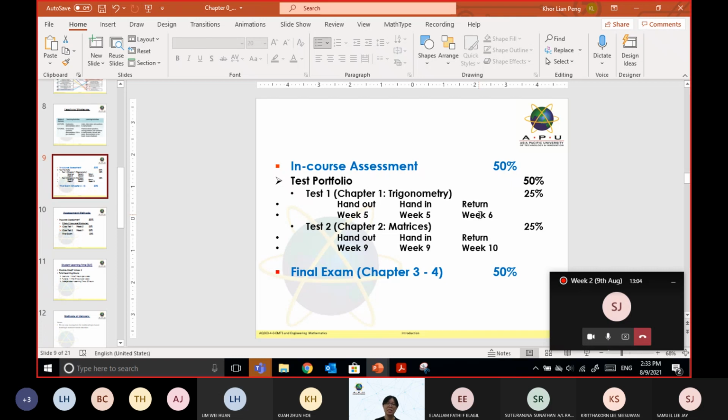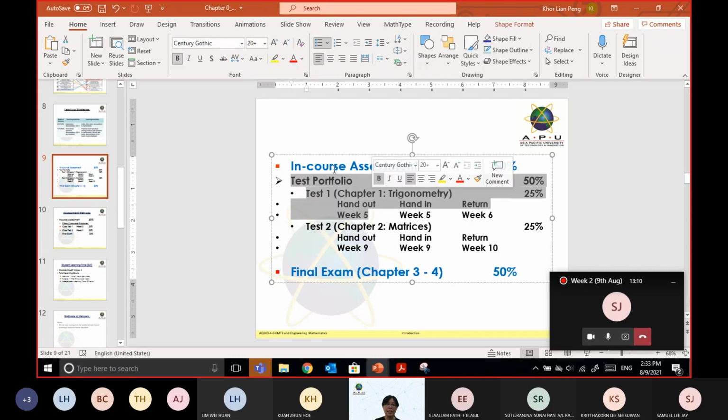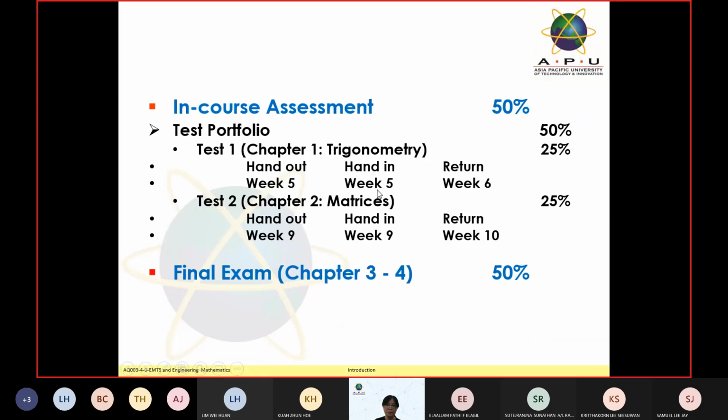The changes only happen on the in-course assessment. Last week, when I showed you the in-course assessment, you could see there were 4 quizzes.